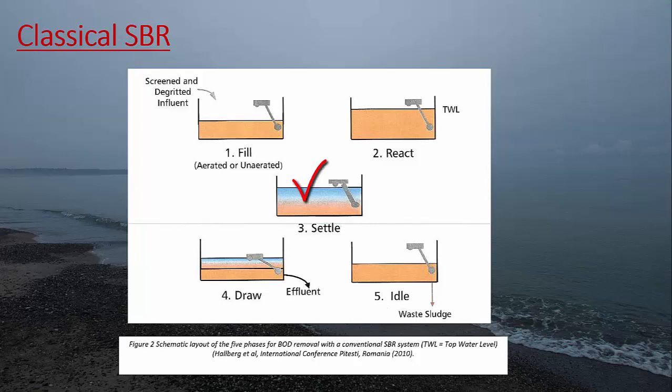You let the sludge settle. When it's settled, you go to the fourth phase, the draw phase, where you empty the treated water out. Then you come to the idle phase, where you wait for new sewage to come into the tank. Also during the idle phase, you pump out the excess sludge or waste sludge.